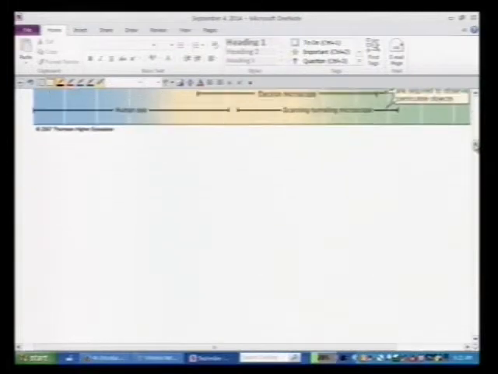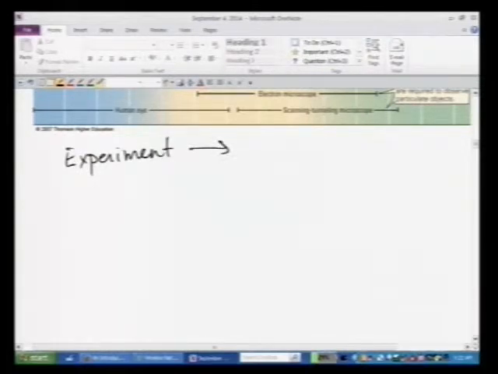Now, how scientists normally approach things, and this is sort of how the scientific method works, is a scientist is going to do an experiment. They're going to try something out, make some observations, and based on those observations, they're going to draw some conclusions.